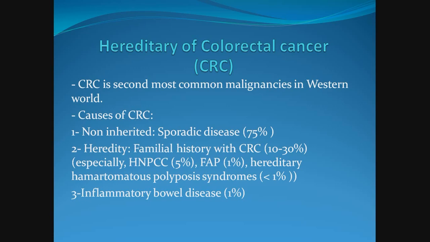This is approximately 5%, and also familial adenomatous polyposis. This is for 1%, and the other type, which is hereditary Hamartomatous polyposis syndrome, is also very rare, maybe less than 1%.